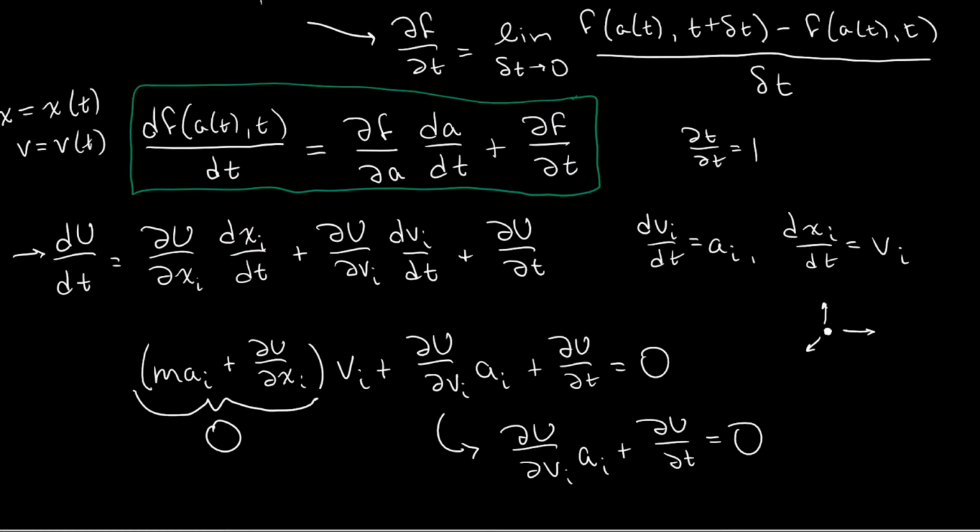So in this particular case, if I just have a particle, this one requirement here gives me 3 equations. 3 equations for 3 degrees of freedom will uniquely determine the evolution of this particle, which means that I've already uniquely determined that. So this extra equation won't be satisfied in general unless du dvi equals du dt equals 0.